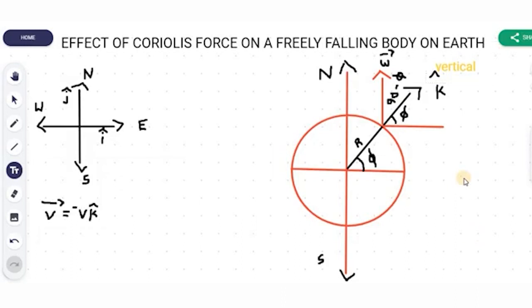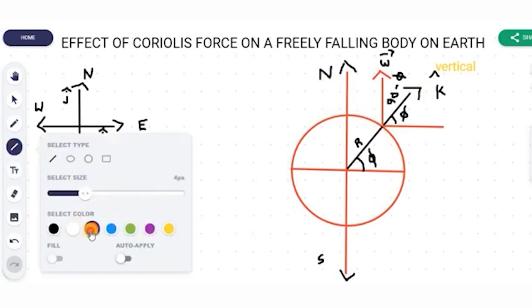Okay, so what's next? Here it is K, which is the Z direction, and here I'm having the J direction. I'm going to represent J also here.